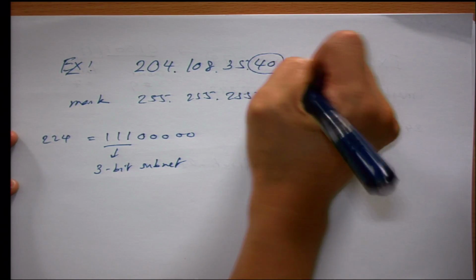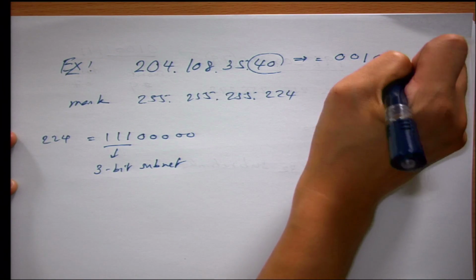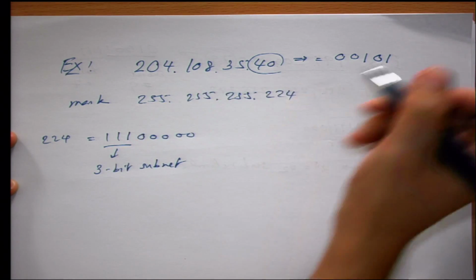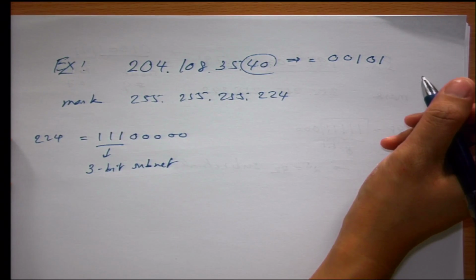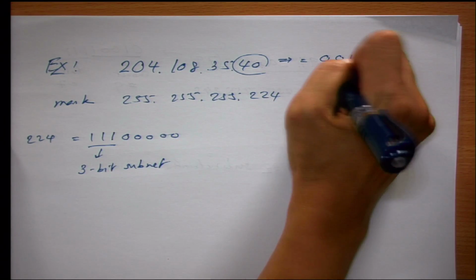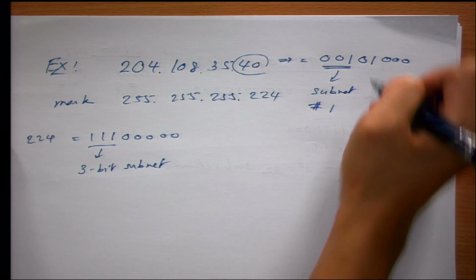What is 40? 40 equals 00101000. The first 3 bits are the subnet, 001, so this is subnet number 1.